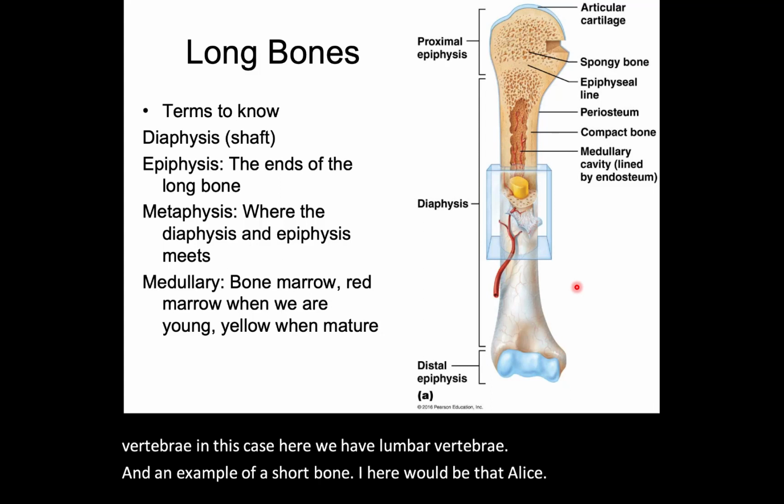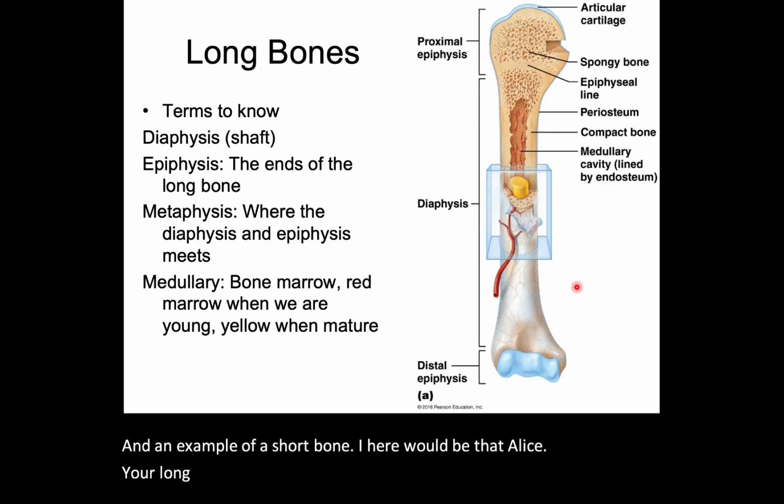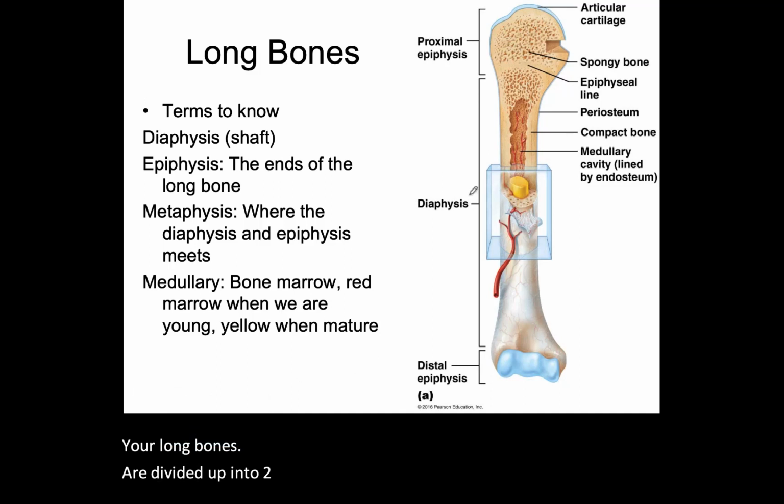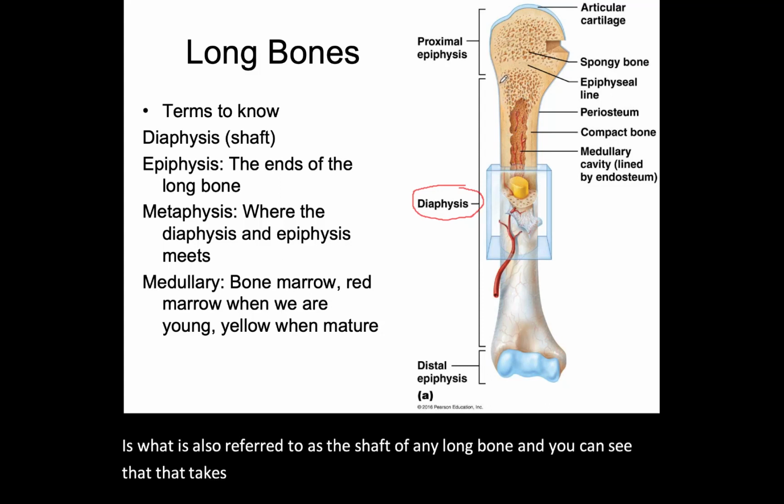Your long bones are divided up into two very specific areas or regions. The diaphysis is what is also referred to as the shaft of any long bone, and you can see that takes up largely the area where the medullary canal would be located.